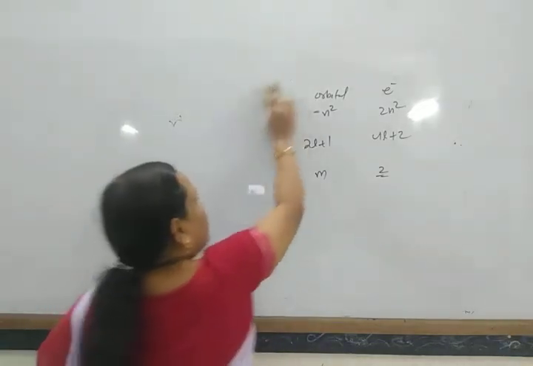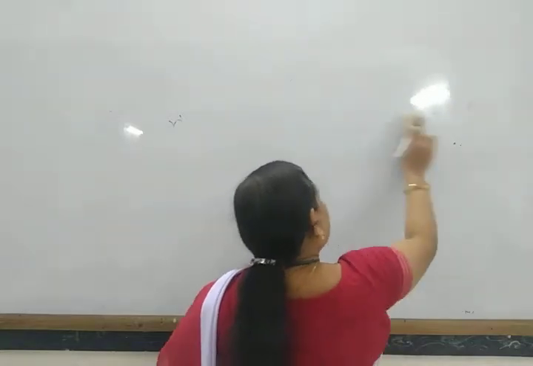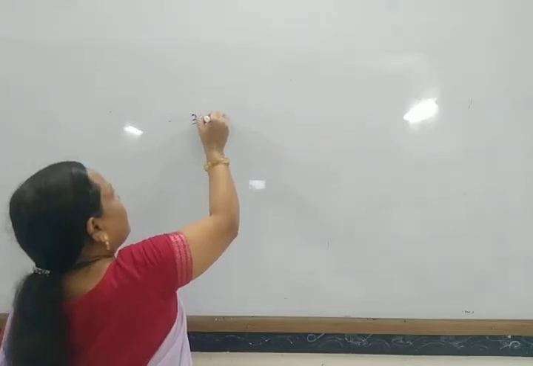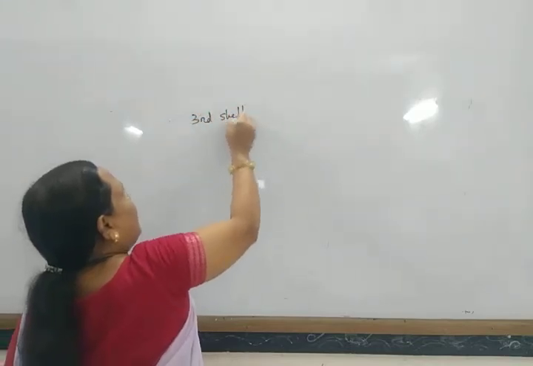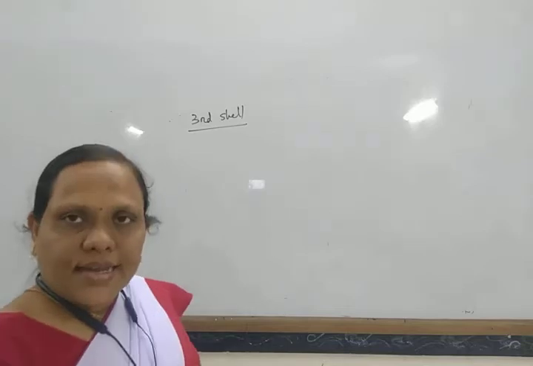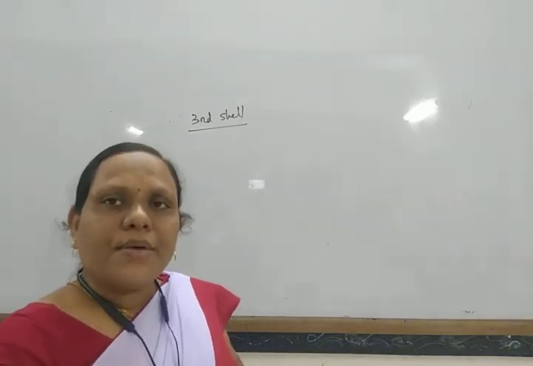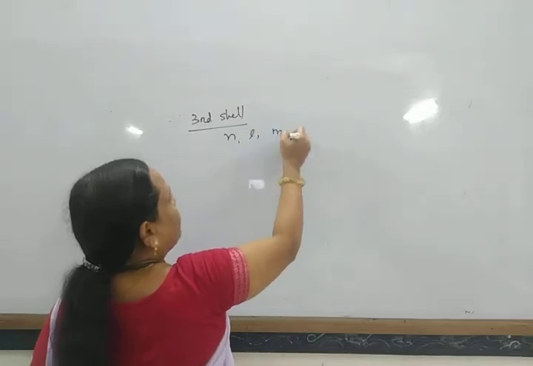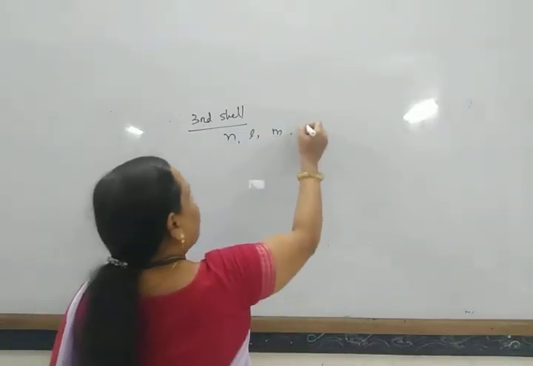Suppose one electron is present in the third shell. Find out the possible values of n, l, m and s.